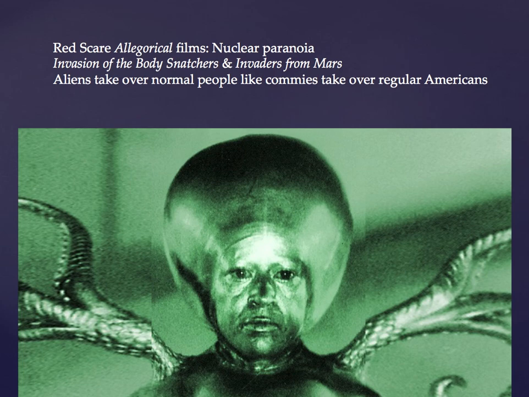Just like in these movies, you can't look at the pod people or the people that have been taken over by the aliens and tell that the aliens are the puppet masters and all of that, right? So that's the allegory. If you're a little kid, then okay, it's a scary movie. But if you're an adult, maybe you get the idea of the allegory and communism and all that. So check out those two films.